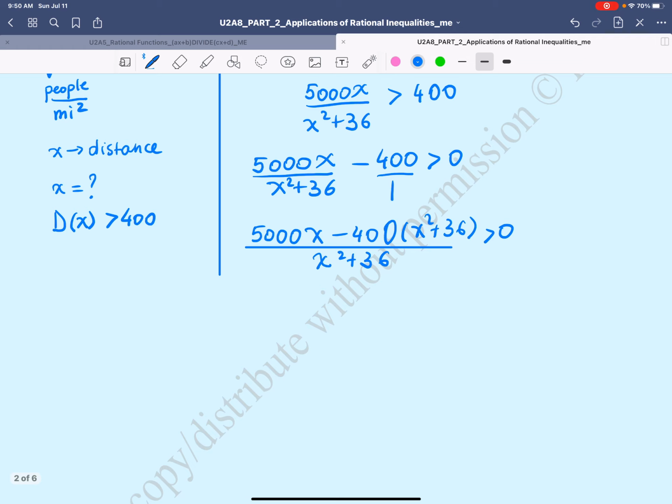So we'll simplify the numerator a little bit more. We have negative 400x squared. Next we have 5000x, so we'll reorder the terms in the meantime. And then 400 times 36, which equals 14,400. So that would be a negative.